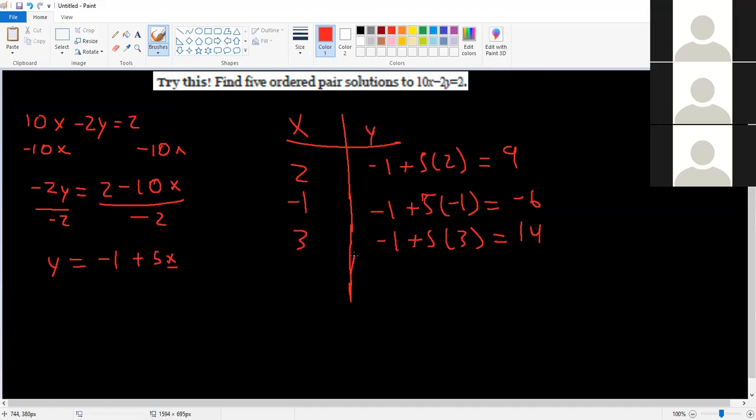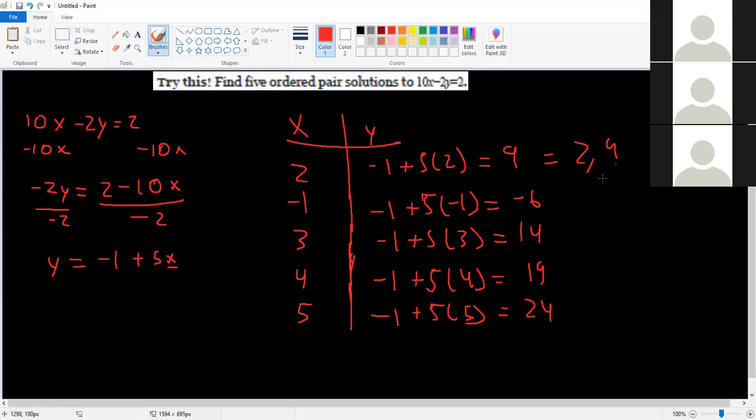Fourth number I put in 4, and I got 19. Last number I put in 5. Okay. So, in order to pair, you just have to combine the coordinates, right?